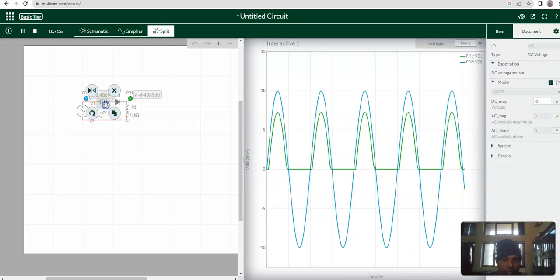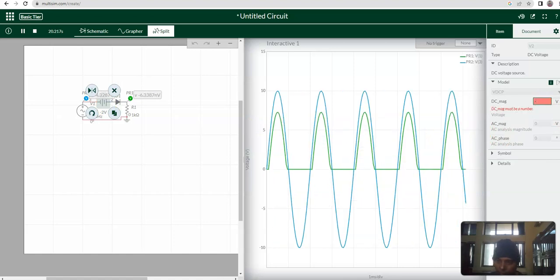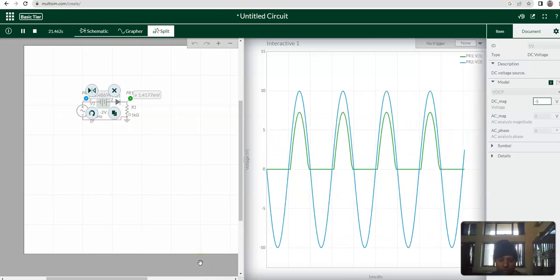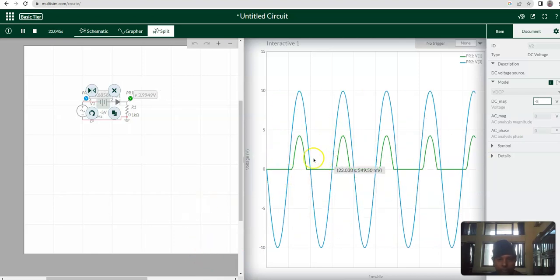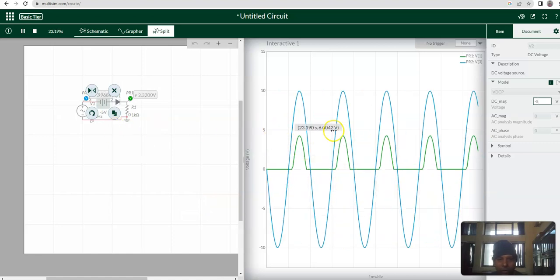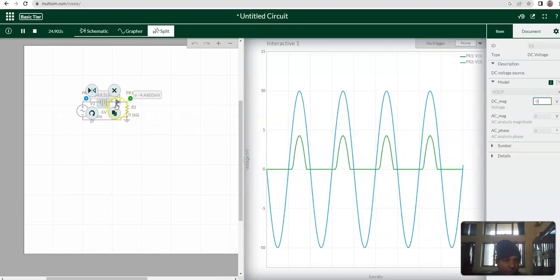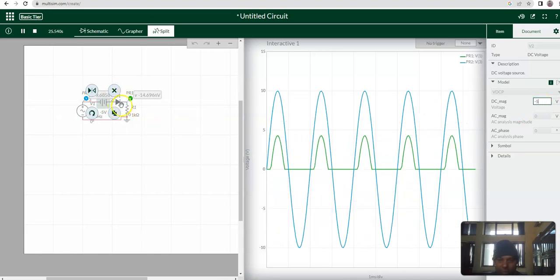If we change this voltage to, let us say, -5 volt, okay, then it is coming down to the 5 volt like this. It will remain the negative clipper because this direction is like this.